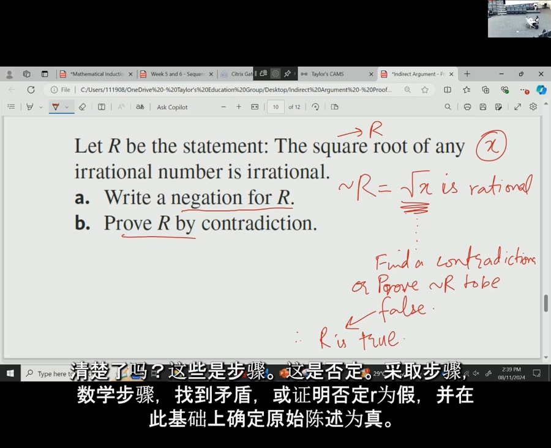Clear? These are the steps. This is the negation. Take mathematical steps, find a contradiction or prove negated r to be false, and based on that establish that the original statement is true.